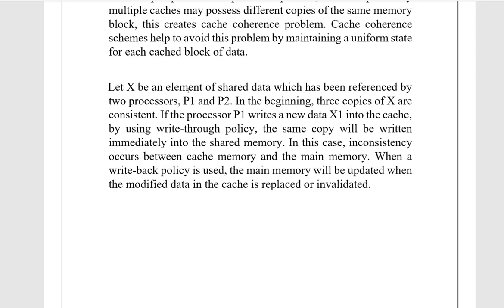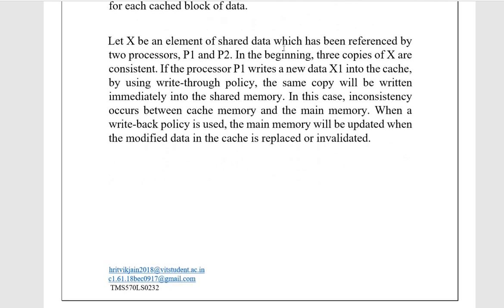So let X be an element of shared data. Here is the example: X is an element of the shared data which has been referenced by two processors, P1 and P2. In the beginning, the three copies of X are consistent, and if processor P1 writes a new data X1 into its cache using the write-through policy, the same copy will be written immediately into the shared memory.